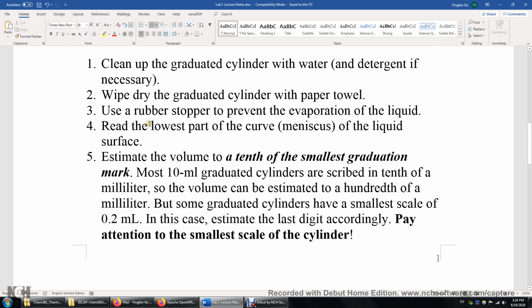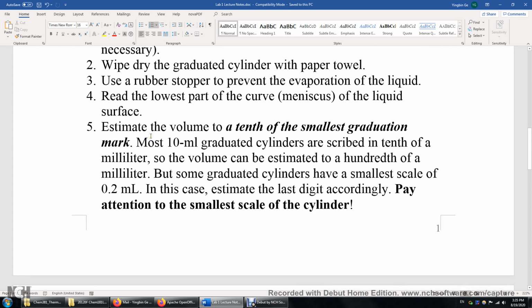Fourth, read the lowest part of the curve of the liquid surface, and this is called the meniscus. Fifth, estimate the volume to 1/10 of the smallest graduation mark. Most 10 ml graduated cylinders are scribed in tenths of a milliliter, so you have to estimate to 0.01 milliliter.